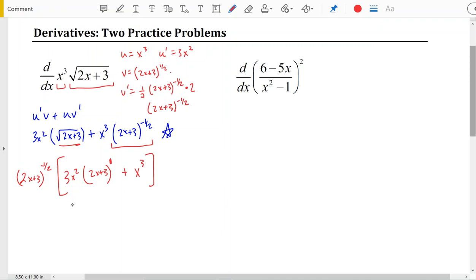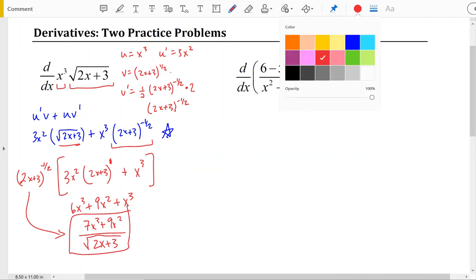Distributing the 3x squared, we get 6x cubed plus 9x squared plus x cubed. Combining, 7x cubed plus 9x squared. And then we don't want to forget this, which I'm just going to go ahead and move to the bottom since it's got a negative exponent, square root of 2x plus 3.